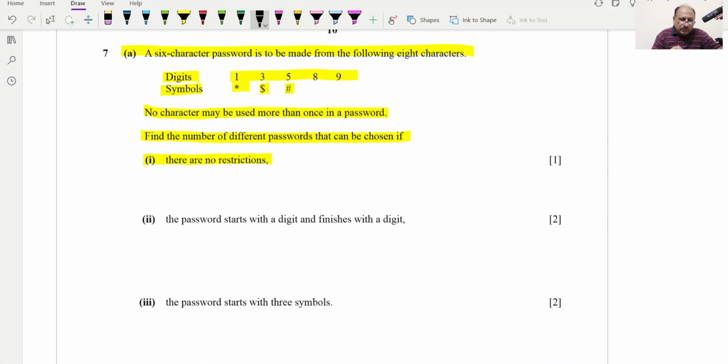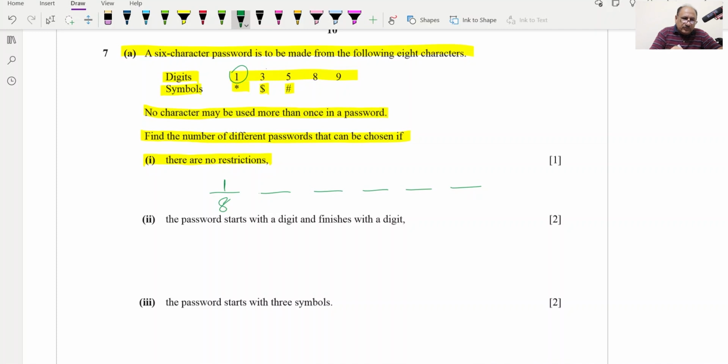So what we can do is take the 6 places, because this is a 6 digit password. So 1, 2, 3, 4, 5 and 6. For example, for the first digit we can take 1, and there are a total of 8 different options which we can take.